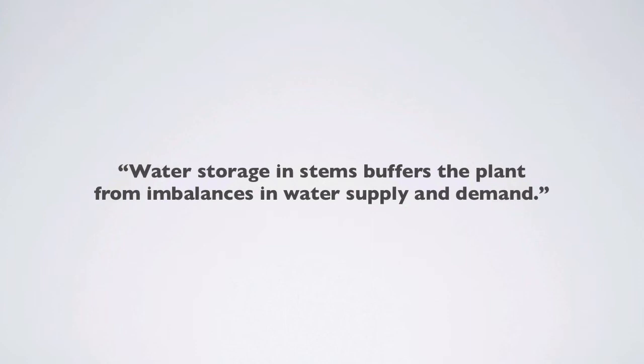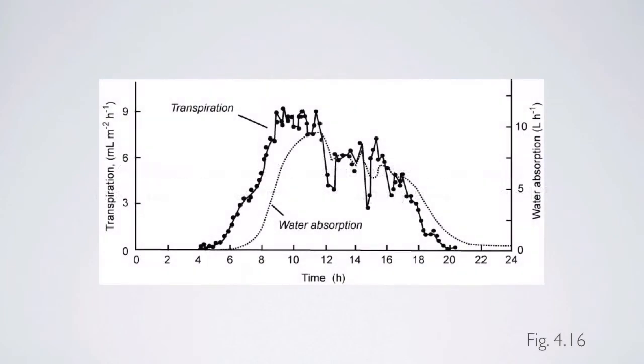Stems do more than just move water. In some cases, they also store water. Water storage in stems buffers the plant from imbalances in water supply and demand. This figure shows the time course over a day. There's 24 hours on the x-axis, and the y-axis is transpiration rate, the rate of water loss out the top of the plant.